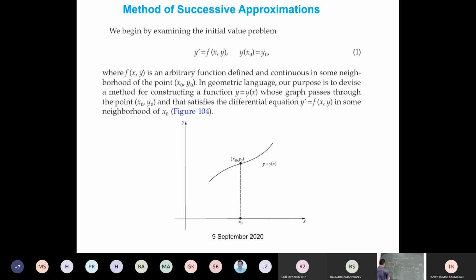Here, one thing you have to remember: many a time, when you read the book, you will find that they are talking about continuity. Why are they talking about continuity? They are talking about this function being continuous in the interval of definition. Why is it so? All the time they are saying it. Let me tell you that the first thing is that without continuity, you are not going to get differentiability.